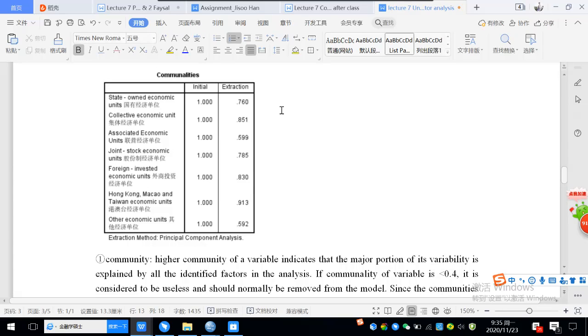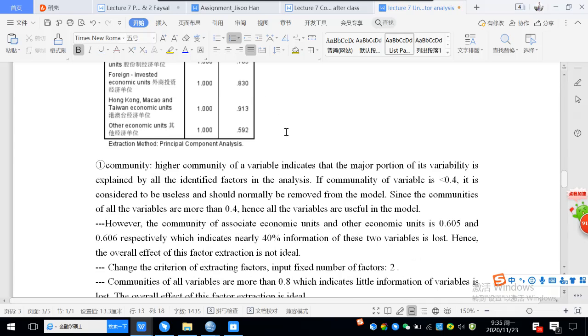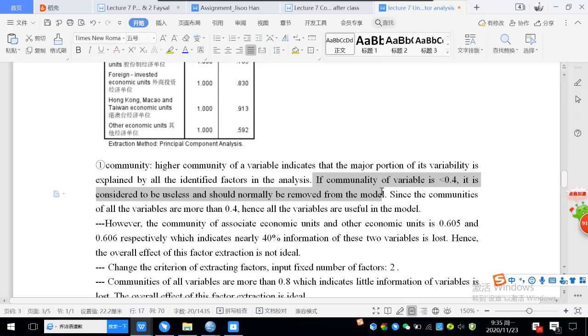It can be used. Why? Because here is the criteria. If the communality of a variable is less than 0.4, it's considered to be useless and should normally be removed from the model.